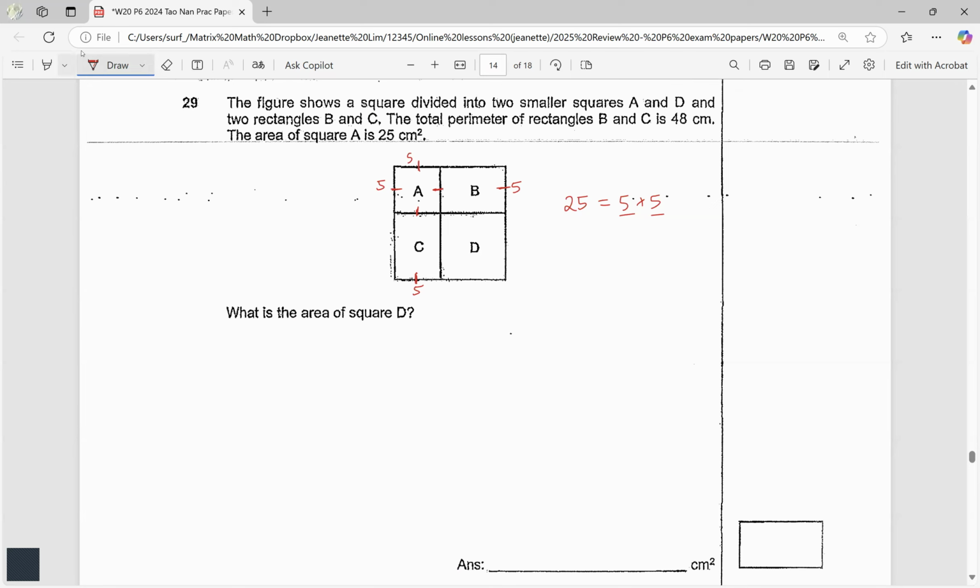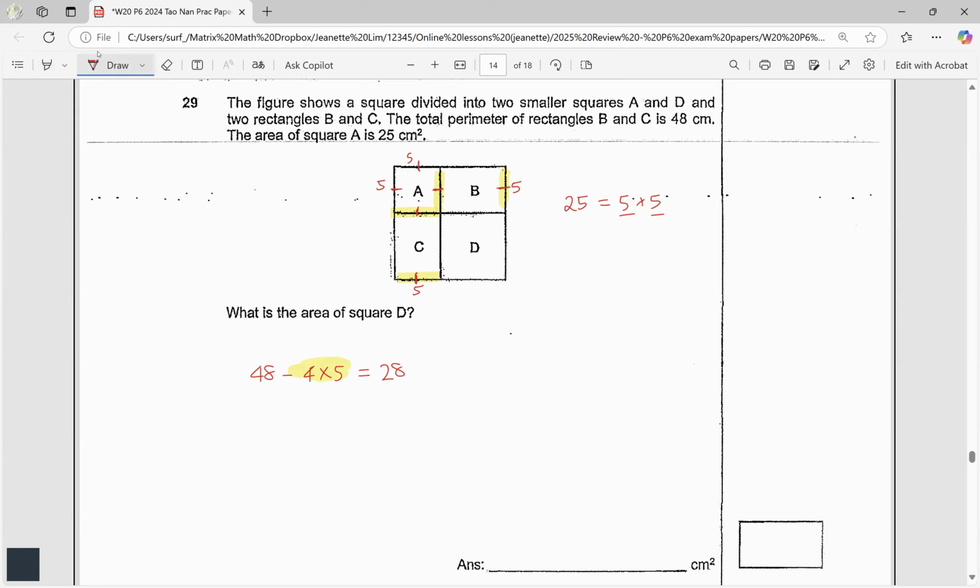So 48 minus, I have 4 times 5, so 48 minus 4 times 5. I'll get 28.